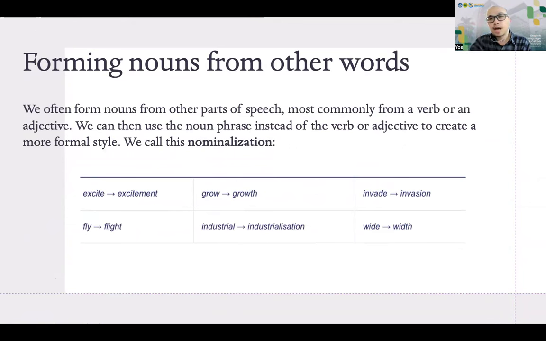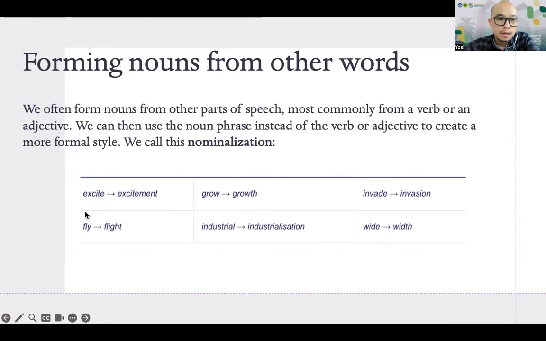We can form a noun from the verb by adding the ing suffix at the end of the verb, and it acts as a noun in the sentence. Or from an adjective. And this process is called nominalization. To form nouns from other parts of speech is called nominalization.